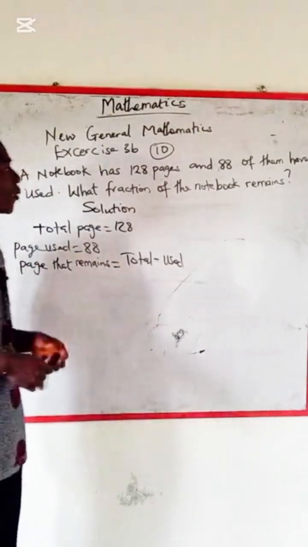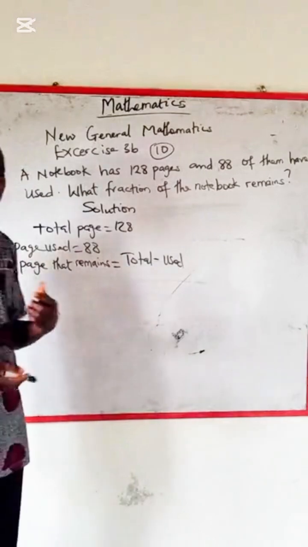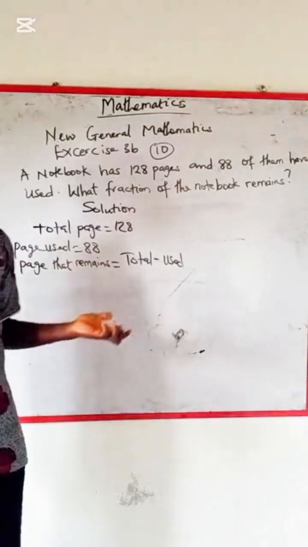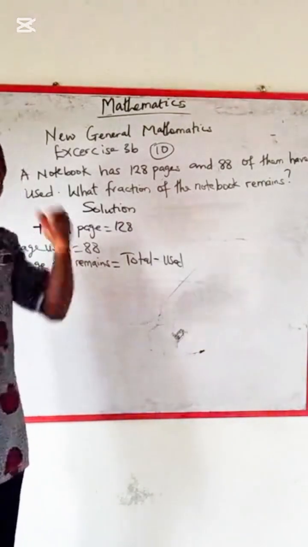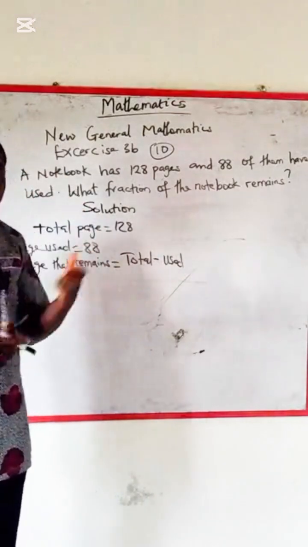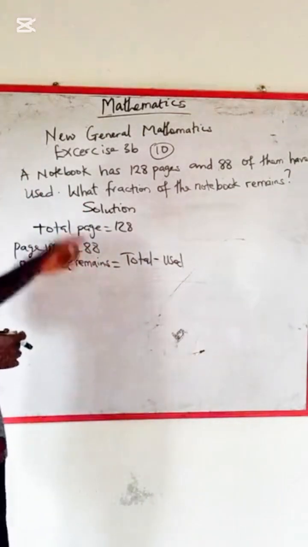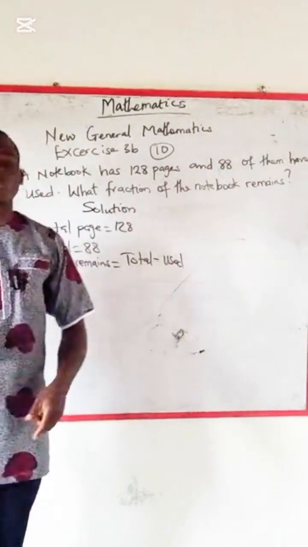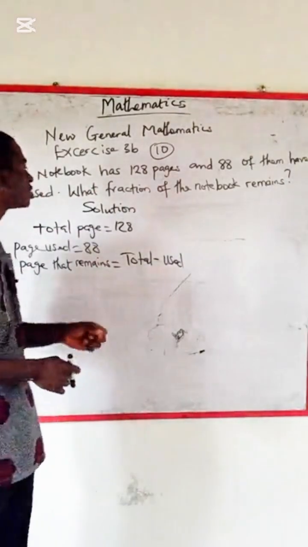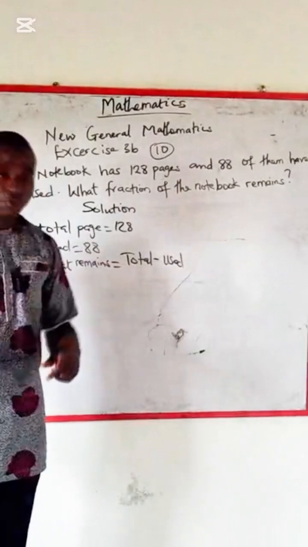You will see why we are doing this, because we are dealing with fractions, just the same way we have done probability. That's why in my video I made a similarity between them. Now the question of interest here is the fraction that remains, and to get it, we need the page that remains.